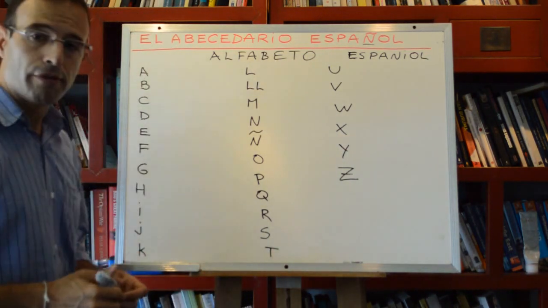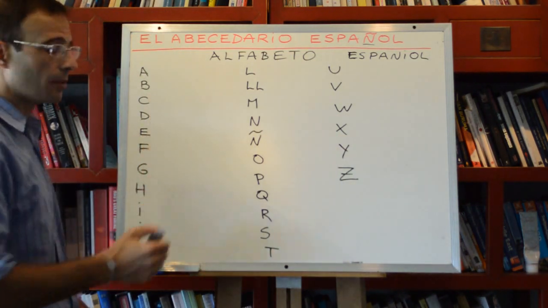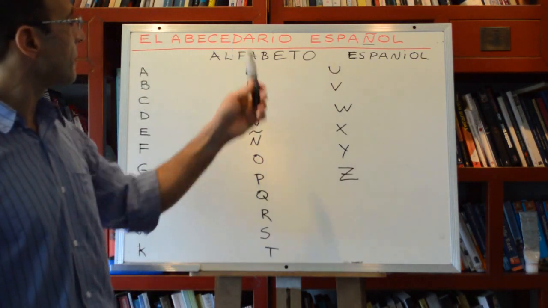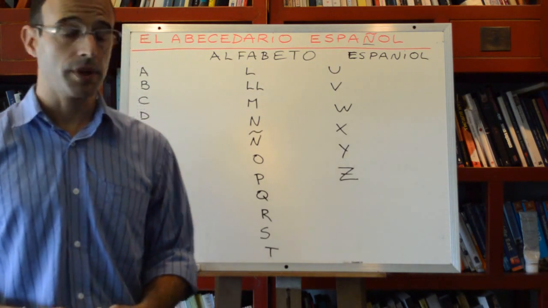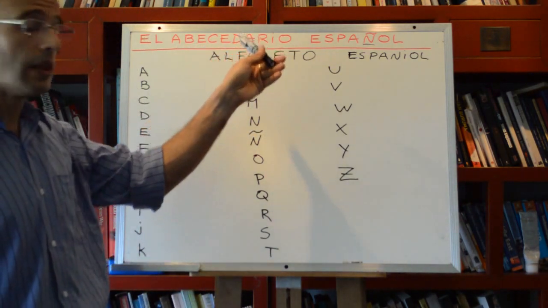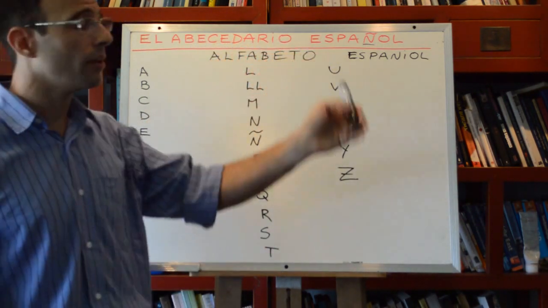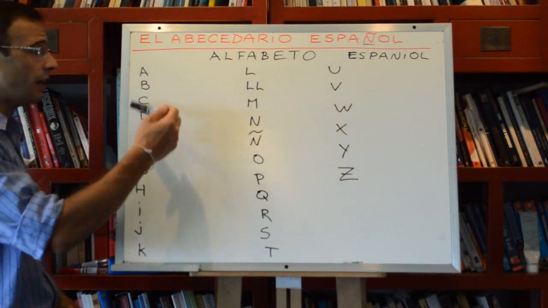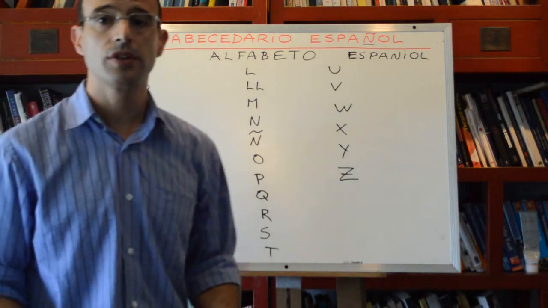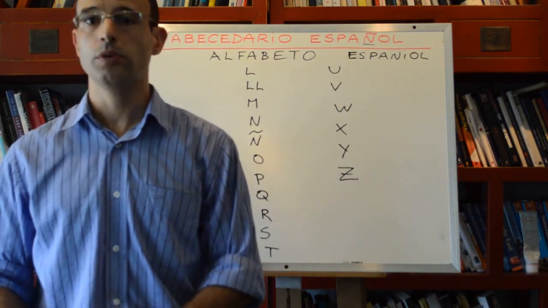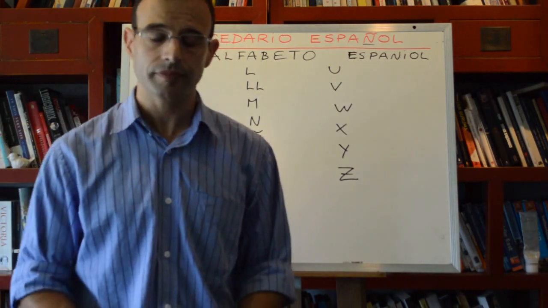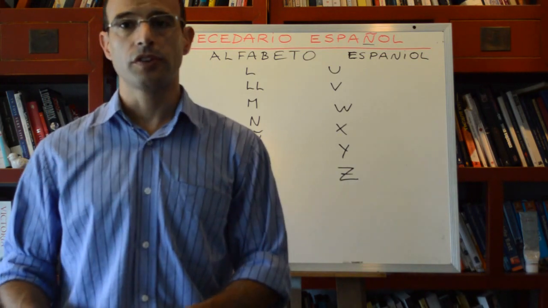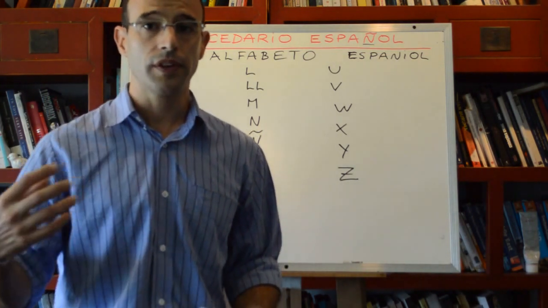Okay? Now before I give you some examples using each one of these letters, let me give you a little bit of information regarding this title. I wrote El abecedario español. Why? Because I believe this is the alphabet used for all the Spanish tongues. Officially speaking, or technically speaking, the word Spanish is not one single language.